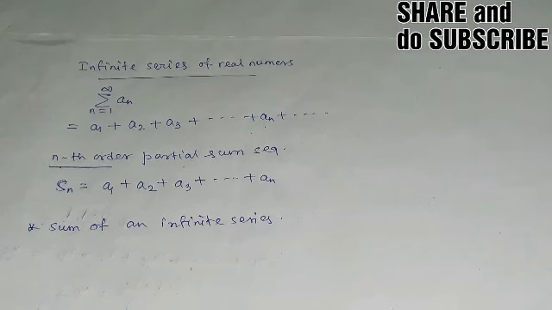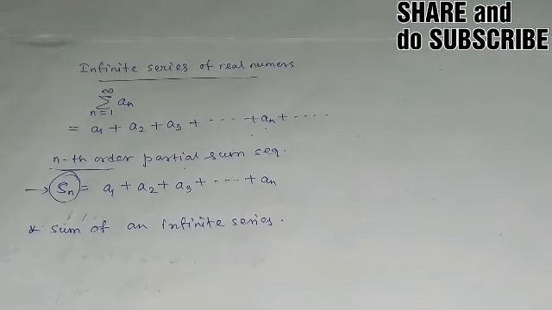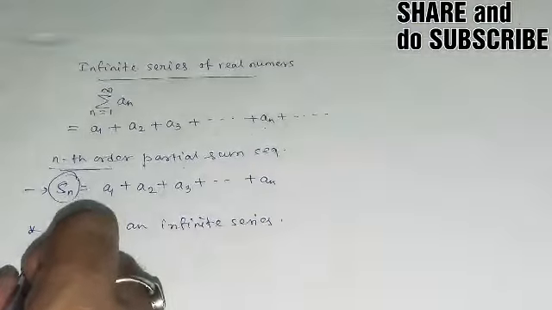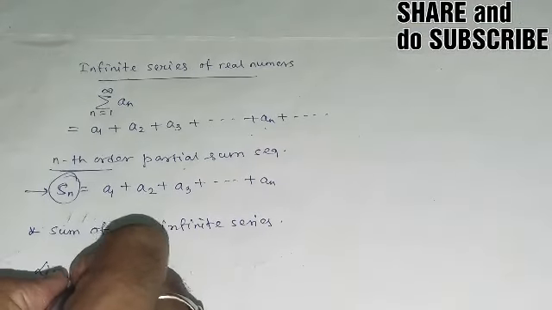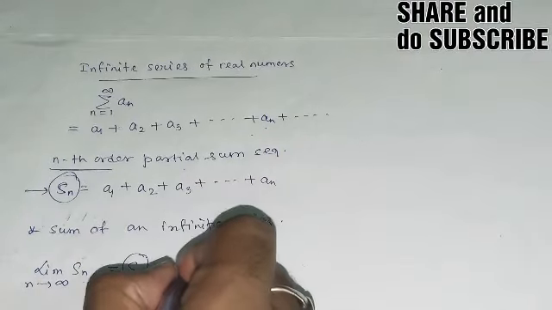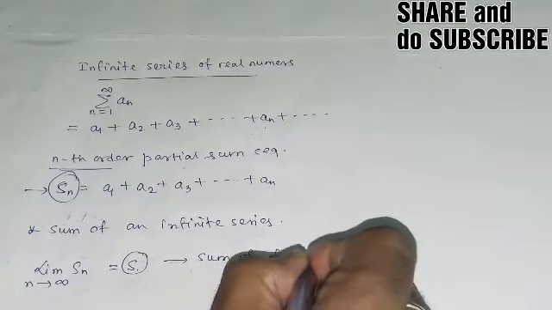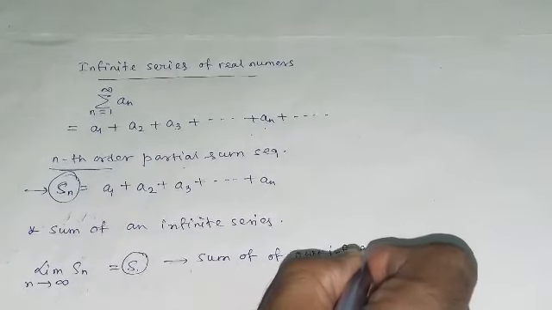Then this Sn comes into the picture. Basically the limit of this Sn will give us the sum of our infinite series.